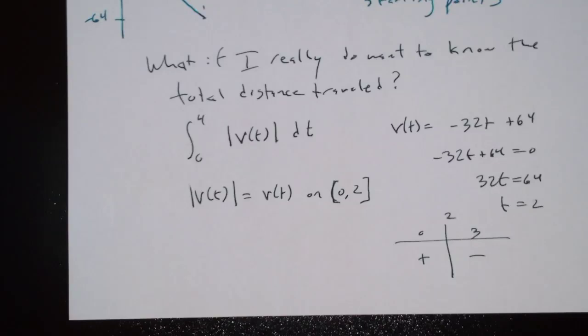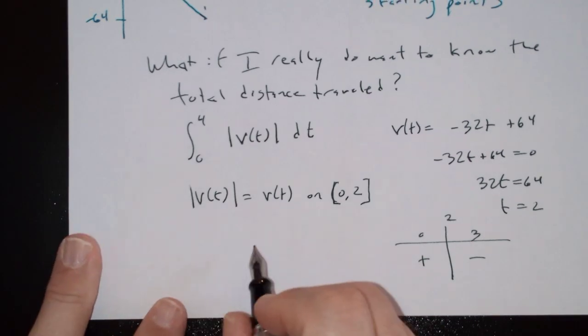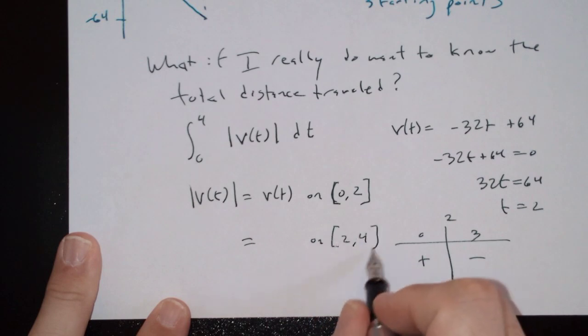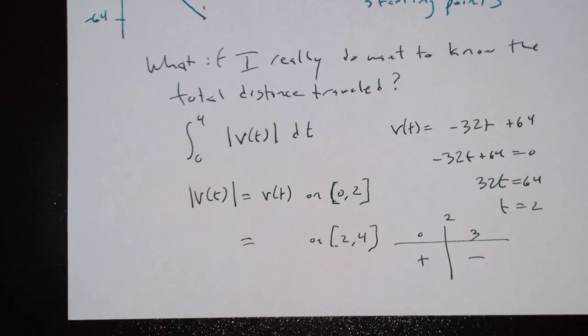The absolute value of a positive number is the same number. But on the negative part, I want to switch that negative to a positive. I multiply by minus 1.